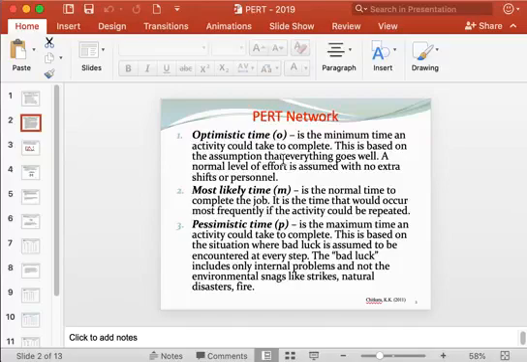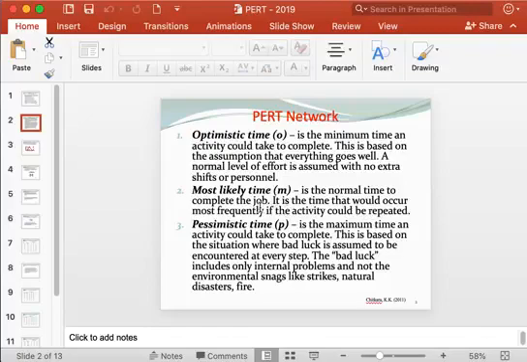And the most likely time is the normal time that an activity would take to complete. It is that time that would occur most frequently if the activity could be repeated.